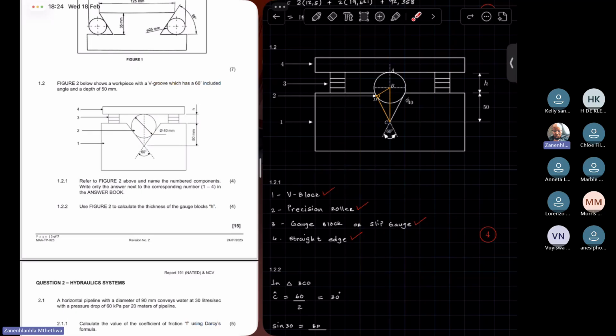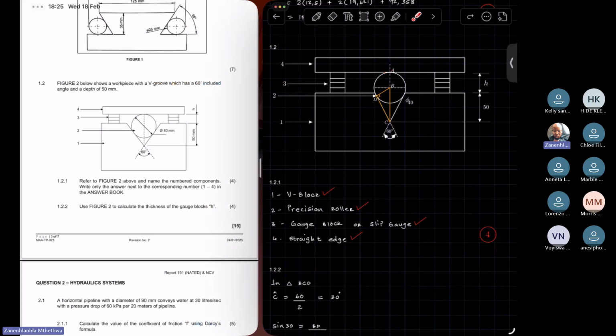But the right name for this component in particular is a precision roller, or you can say just a roller. Now, if you wrote just ball, that will be incorrect. But if you said precision ball, I'll give you a mark for it. All right, but do know that that is a mistake. Right, this here is a precision roller.